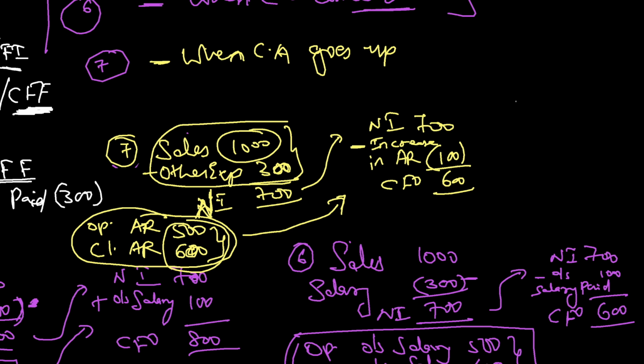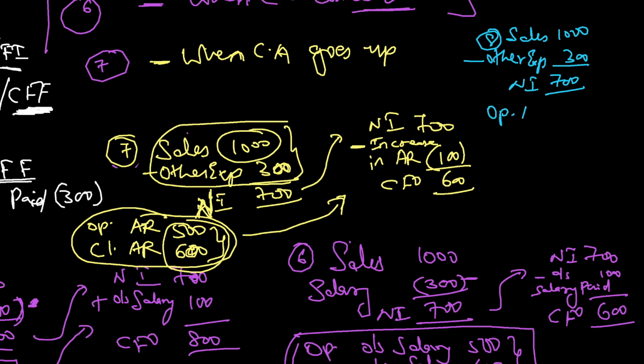Okay, so then the last one. Let's say here I'm writing now sales 1000, then other expenses 300, so 700, which is fine. Now opening account receivable is 500 and closing account receivable is, let's say, 400.